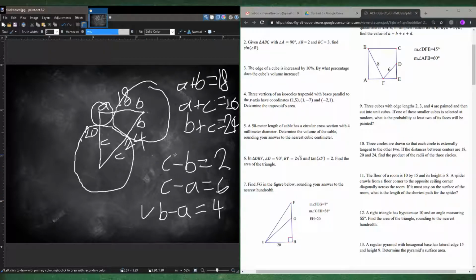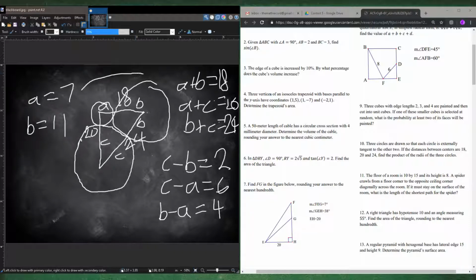And you add this equation to this equation. So you get 2B is equal to 22. So B is equal to 11. So, I'll just write it right here. So B is equal to 11. You could use this idea back here. So if B is equal to 11, A would equal 7.